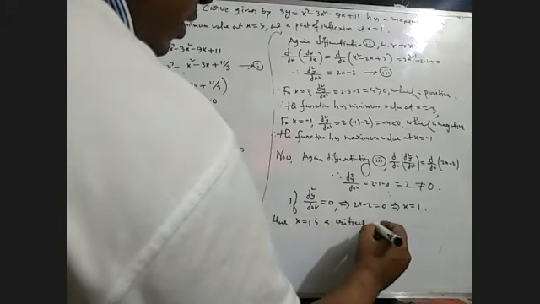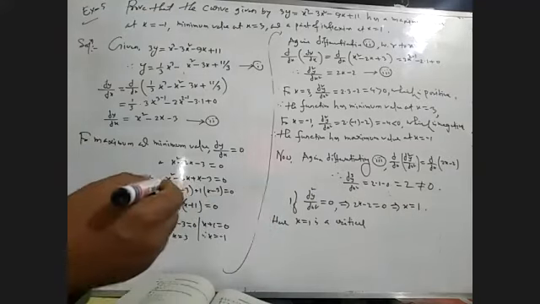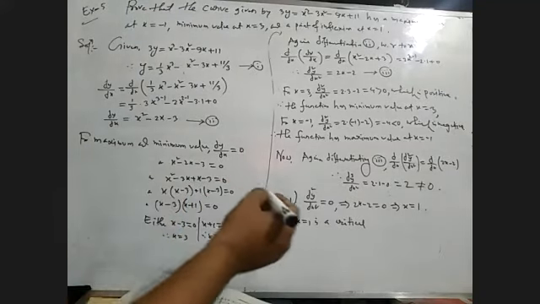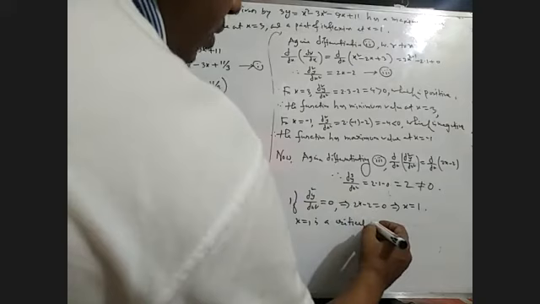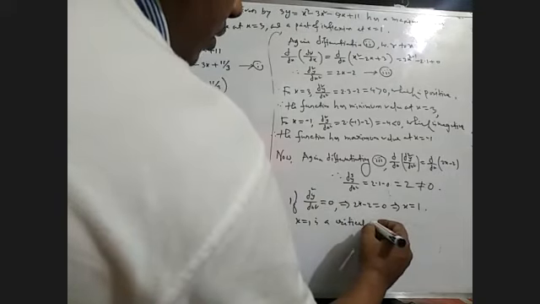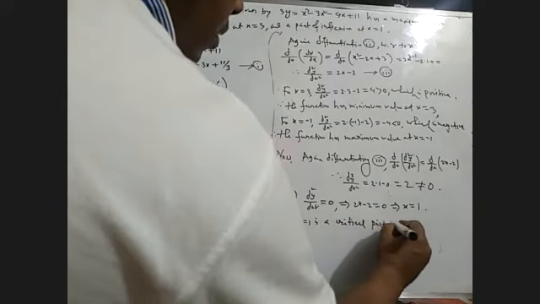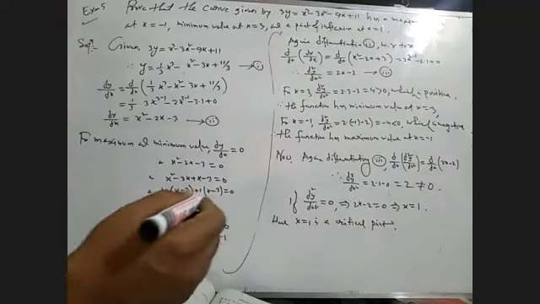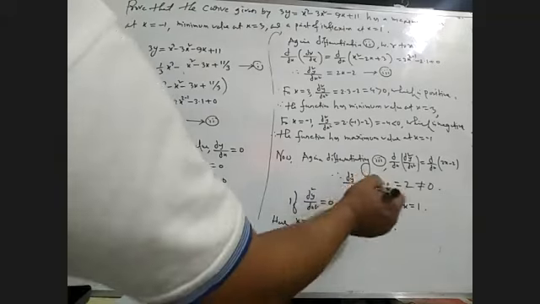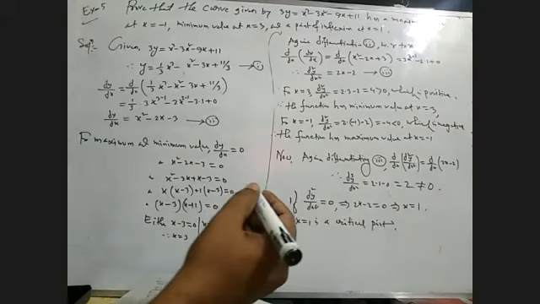In our previous lecture, we found critical points in different examples. At this point the third derivative is not equal to 0.